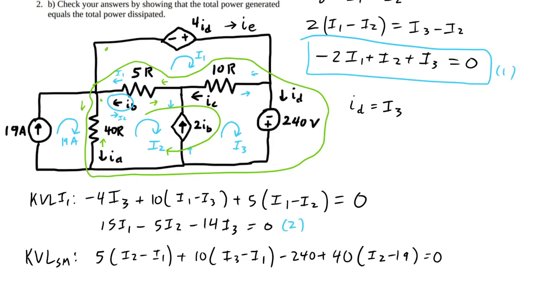I'm going to simplify it. So let's see, we're going to have minus 15 I1, because it's minus 5, minus 10. And then 40 I2 plus 5 I2, 45 I2 plus 10 I3.